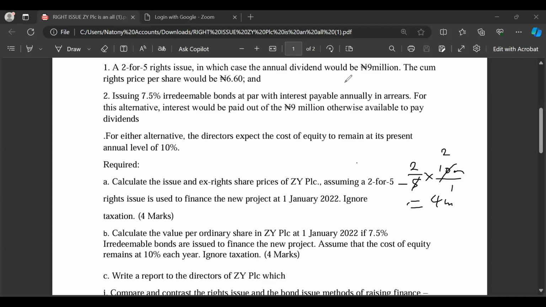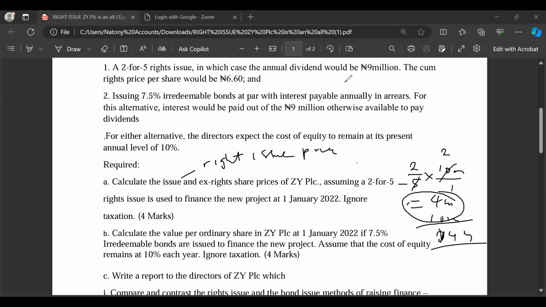The rights issue price. Now we know the number of shares to be issued is 4 million new shares, and the company formerly had 10 million shares. So the total shares after the right issue will be 14 million.